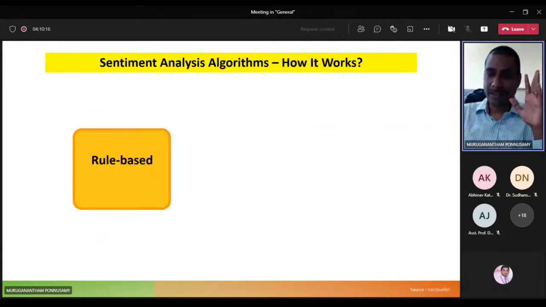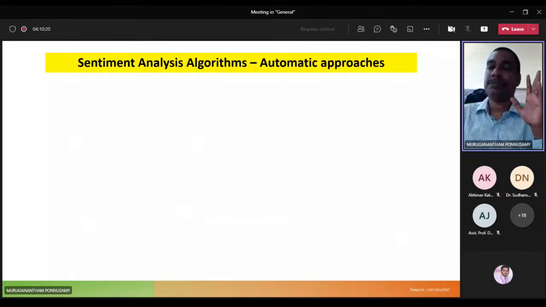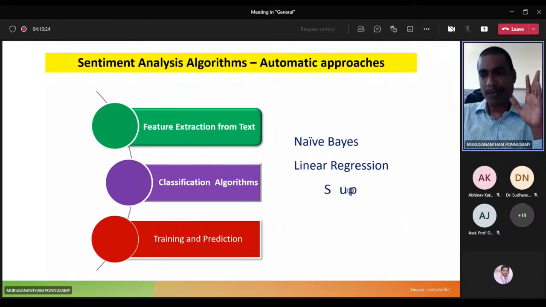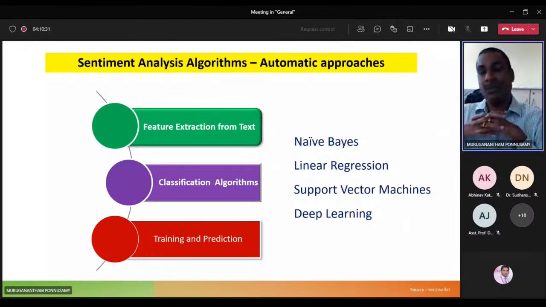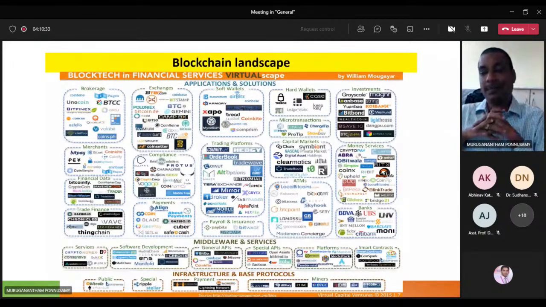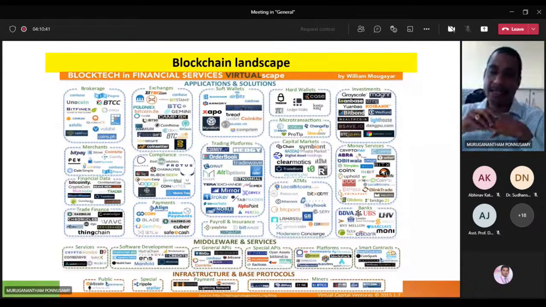How is it working? It is working on rule-based, automatic, and hybrid approaches. So the different types of approaches I put up. If you look at the landscape, I came up with the title of finance alone, but it is not limited to that. It is in several areas, right?